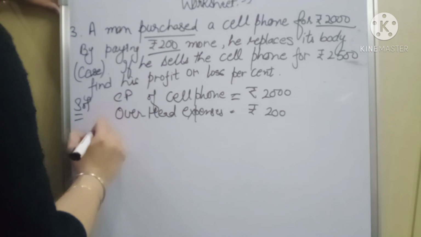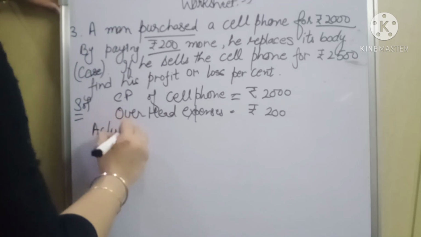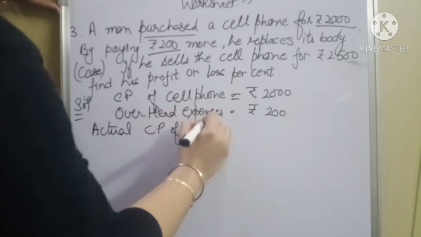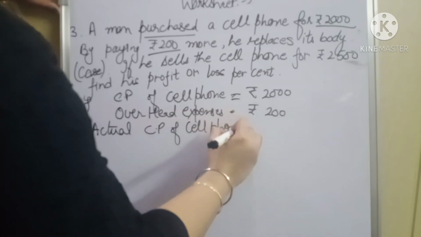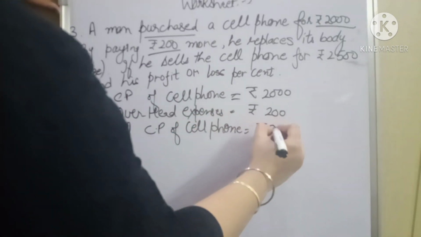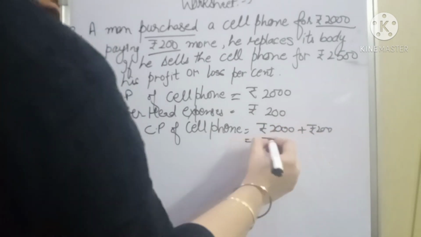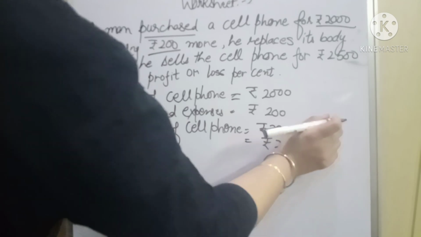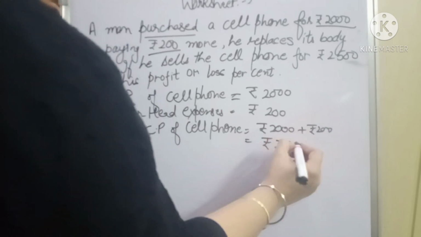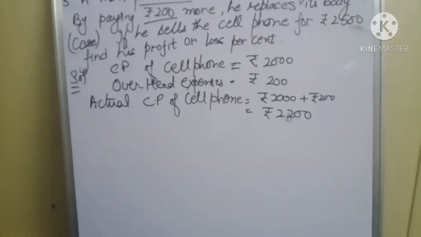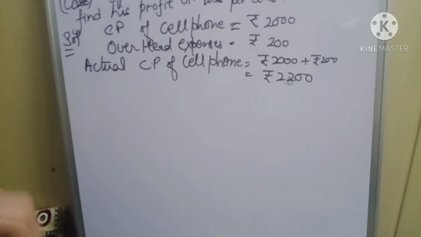Now, actual CP is equal to rupees 2000 plus rupees 200, rupees 2200. This is the actual CP of the cell phone which a person has purchased.